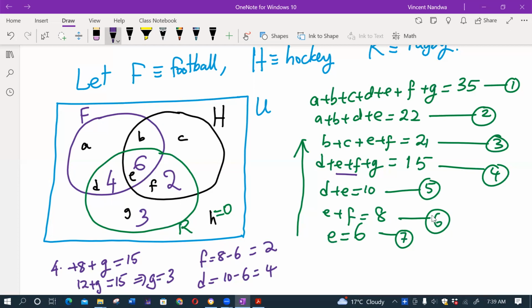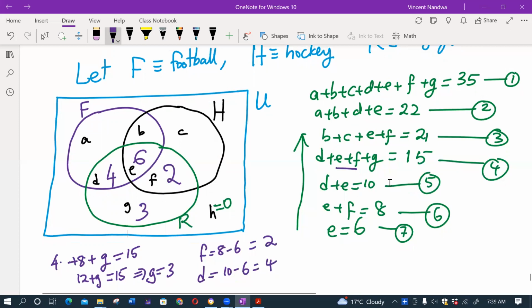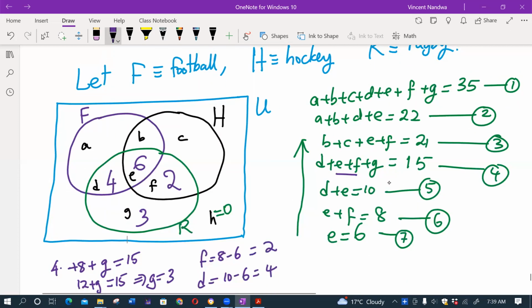Then B and C we haven't solved yet. So now from equation 3, E is 6, F is 2.